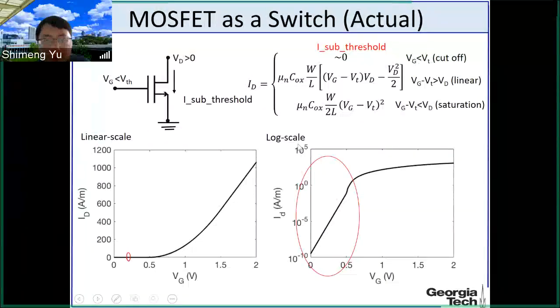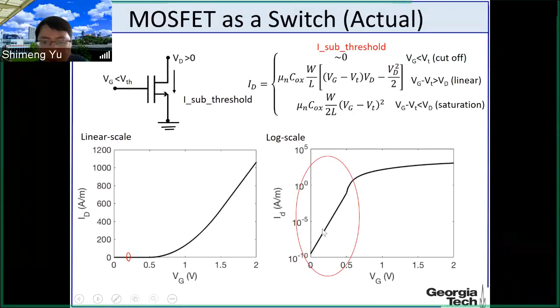So if we draw the log scale of the same curve, then we are going to have this kind of result. This is in the log scale, because here we have, for example, 10 to the power 0, 10 to the power minus 5, or minus 10. So this is like 5 orders of magnitude difference, or 10 orders of magnitude difference.